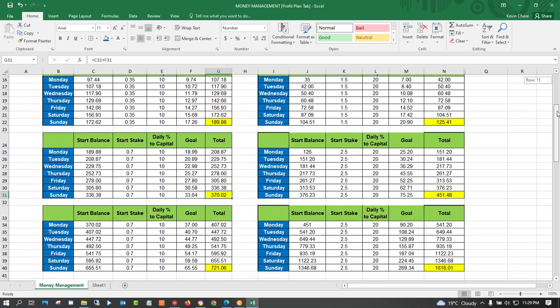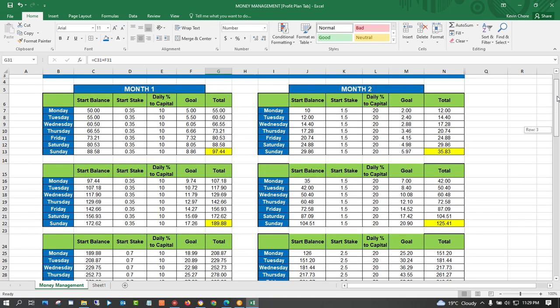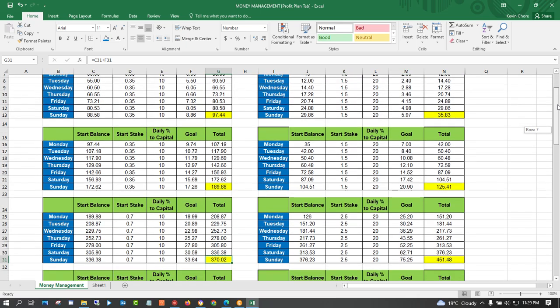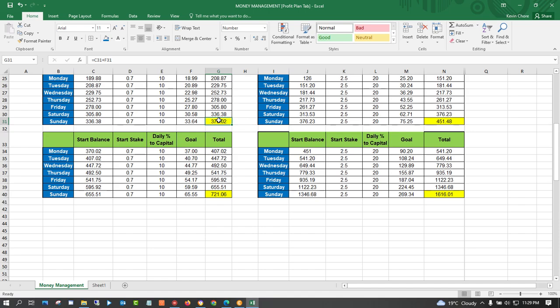I know there are times that maybe you want to use that money, but even if you're using the money, you should leave something in your account. So this is the way it is.